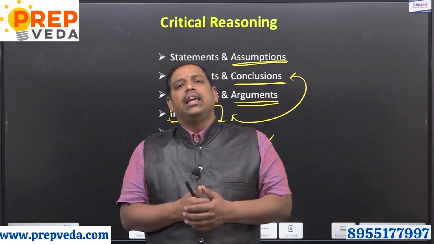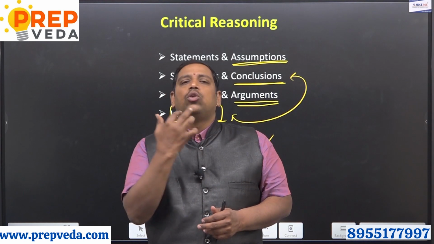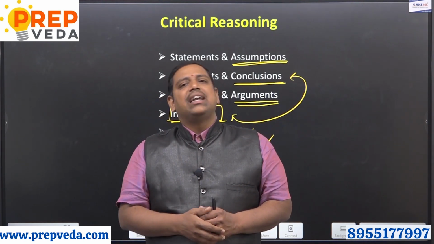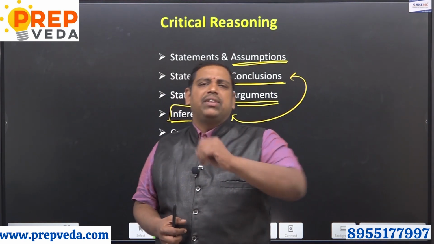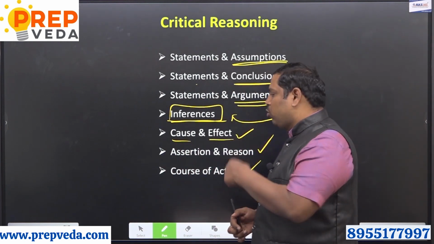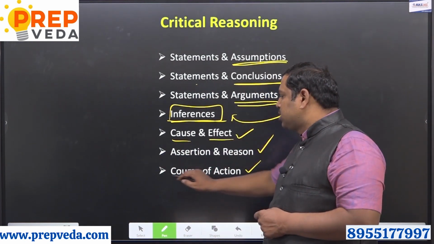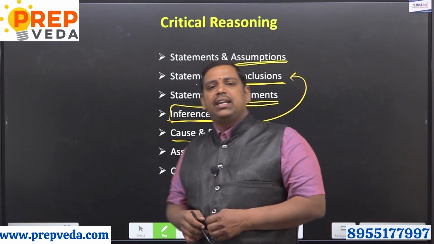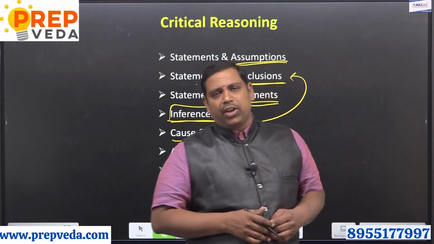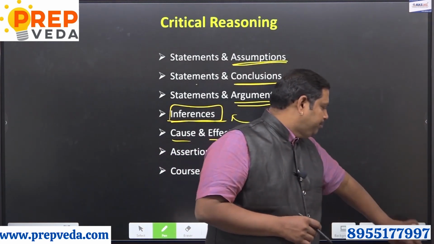Sanitize your hands regularly. Do not touch your eyes, ears, nose and so on without sanitizing your hands. These are the things that we have to do first. That is the immediate course of action. That's why course of action means the immediate things that we can take. This is the logical reasoning that we are going to cover. It is a beautiful one.